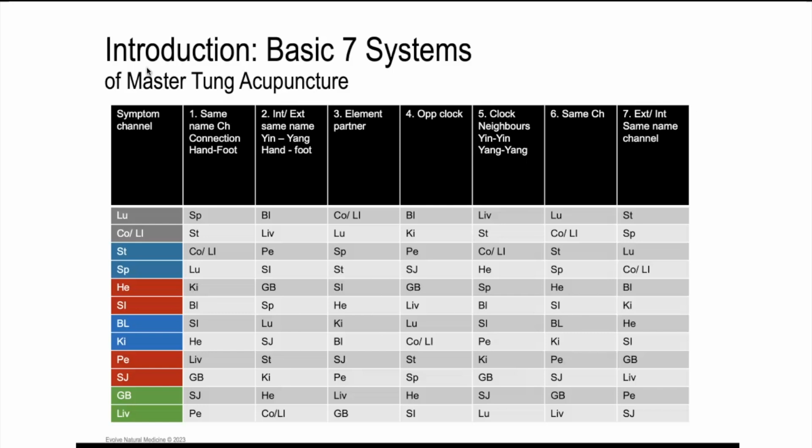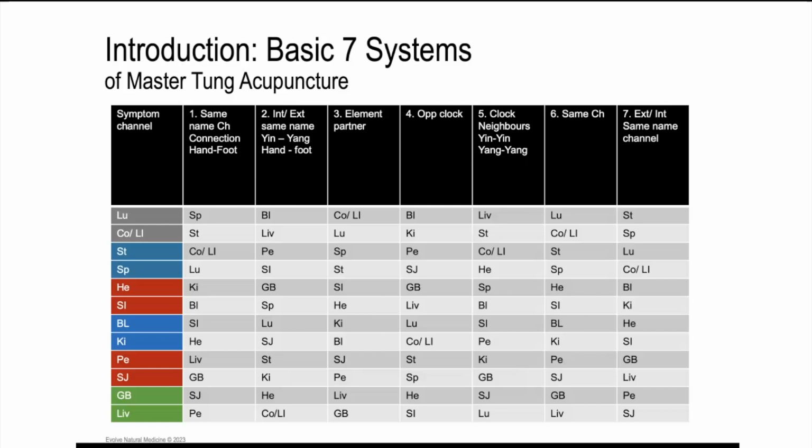So it means that rather than having to remember all the symptoms that a point will treat, all the issues that a point will treat, you can actually start to break it down by understanding the 7 systems. So it's a lot faster, a lot simpler. And when you're starting out, a much simpler way of actually engaging with this process without becoming overwhelmed.